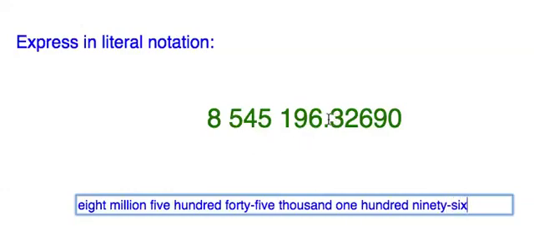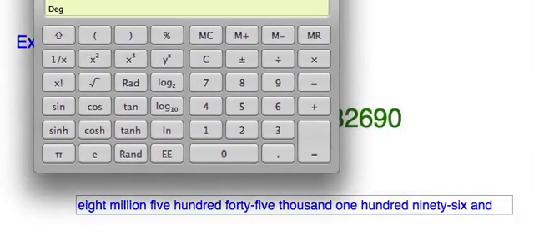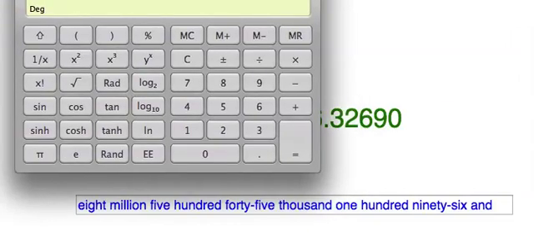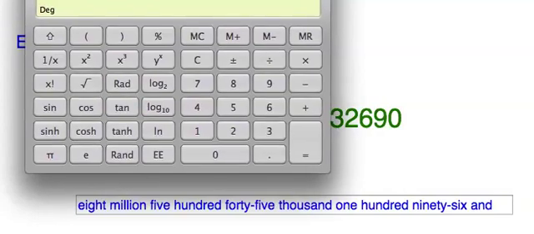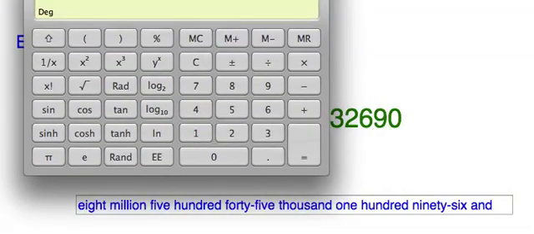Then because we have a whole number part and a fraction part, I'm going to read the decimal place as "and." Then for the fraction part, I'm going to cover up the whole number and the decimal point and any leading zeros, but in this case there are no leading zeros. I don't want to give you the impression that there are always leading zeros. So I'm just going to read out this number, treating it like a whole number.